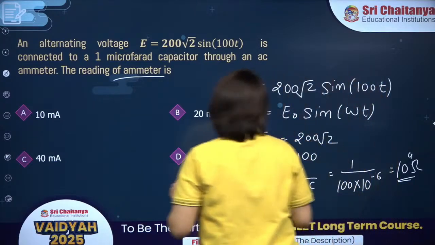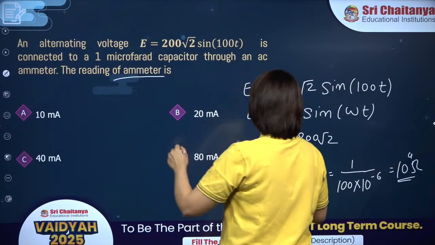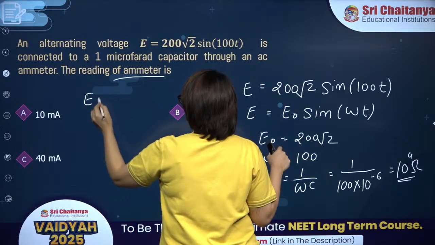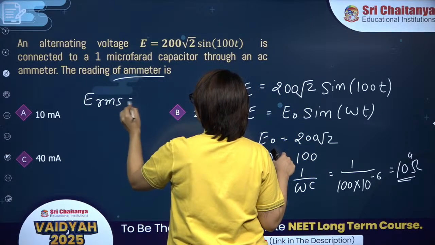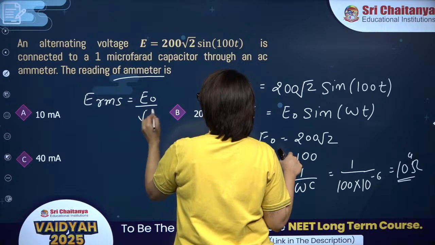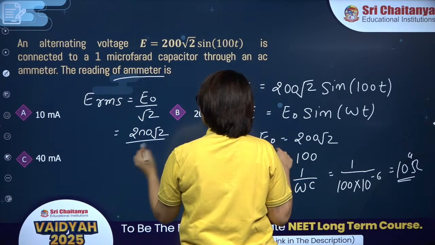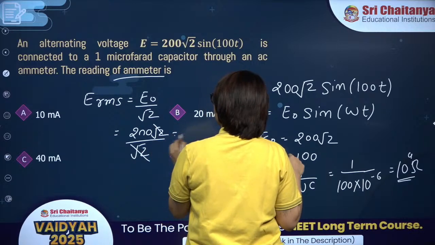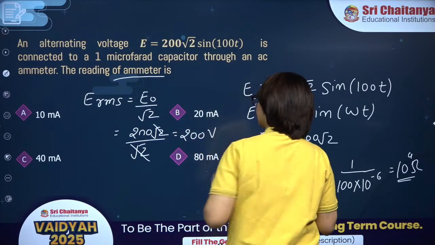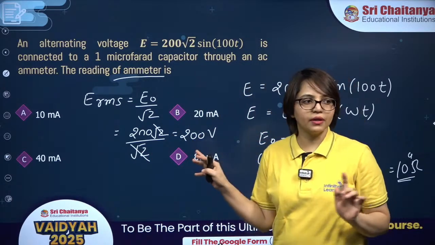So for finding IRMS, you need ERMS. So ERMS is E naught upon root 2, which is 200 root 2 divided by root 2. So it will be 200 volt. This is ERMS, right?